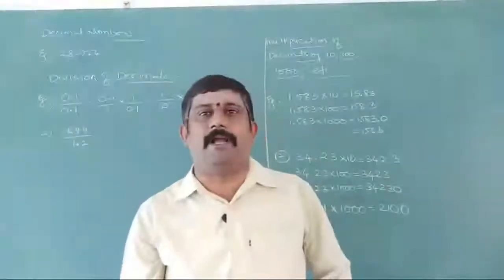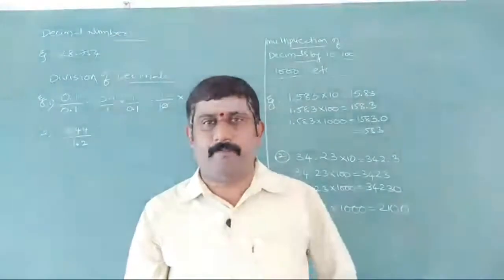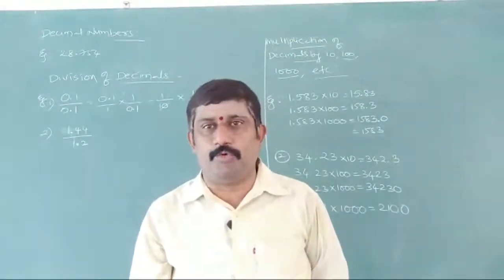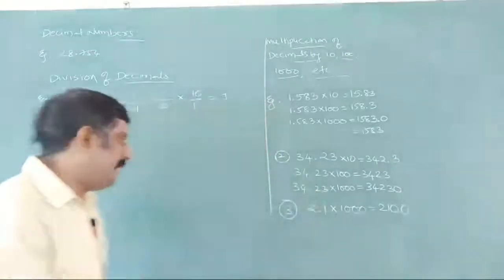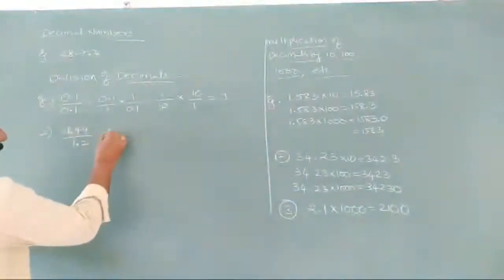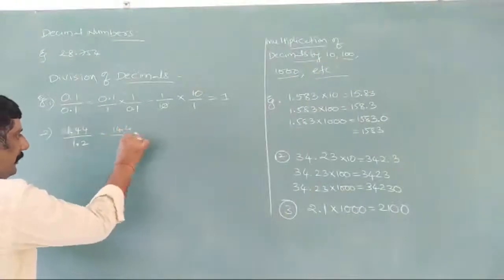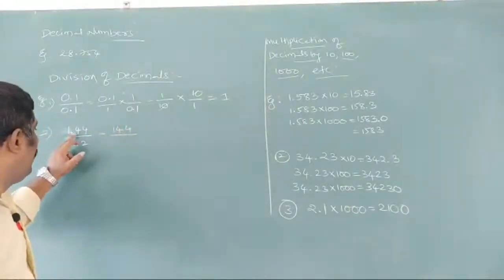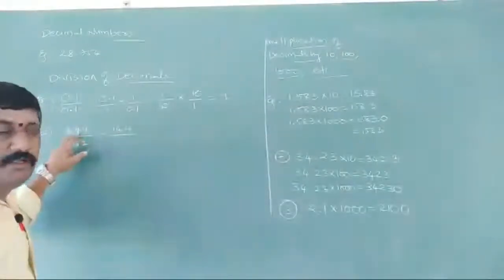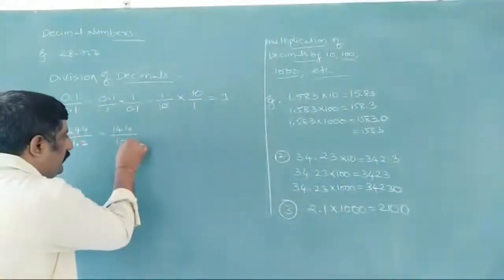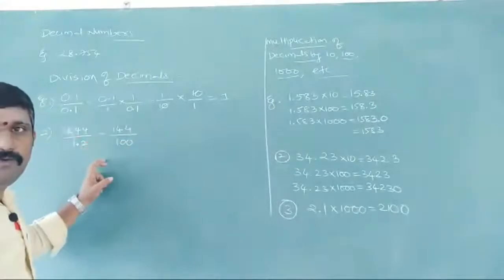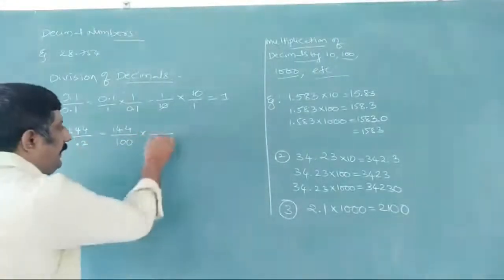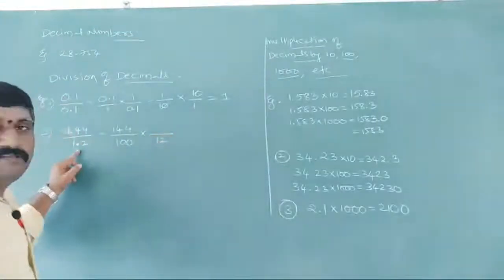Now 1.44 by 1.2 we are taking here. For this, what I am doing? I am writing 144 by, after the decimal, how many digits do we have here? 2 digits. So simply keep 2 zeros here. 144 by 100 into, for 1.2 we are writing 12 and eliminating this decimal.